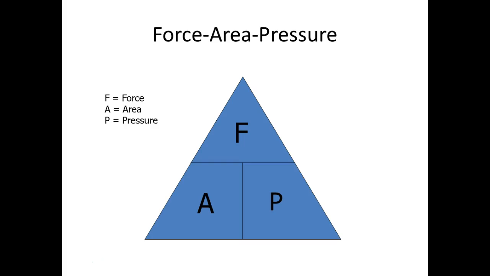So if I want to solve for the area that would generate a certain amount of force, then I cover up area. It's going to be equal to force divided by pressure. And if I wanted to find out what pressure would be required to generate a certain amount of force with a certain amount of area, then I would cover up the P. So pressure would be equal to force divided by area. That makes sense.